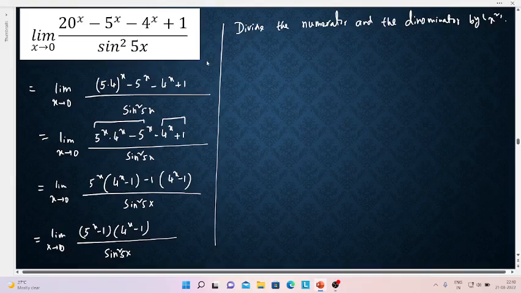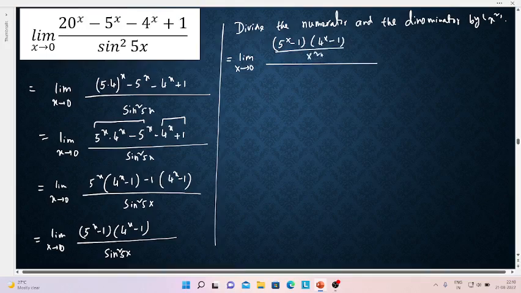When we do that, it will become limit x tends to 0; on the numerator we have 5 to the power x minus 1 times 4 to the power x minus 1 over x square, and on the denominator we have sine square 5x over x square, right?